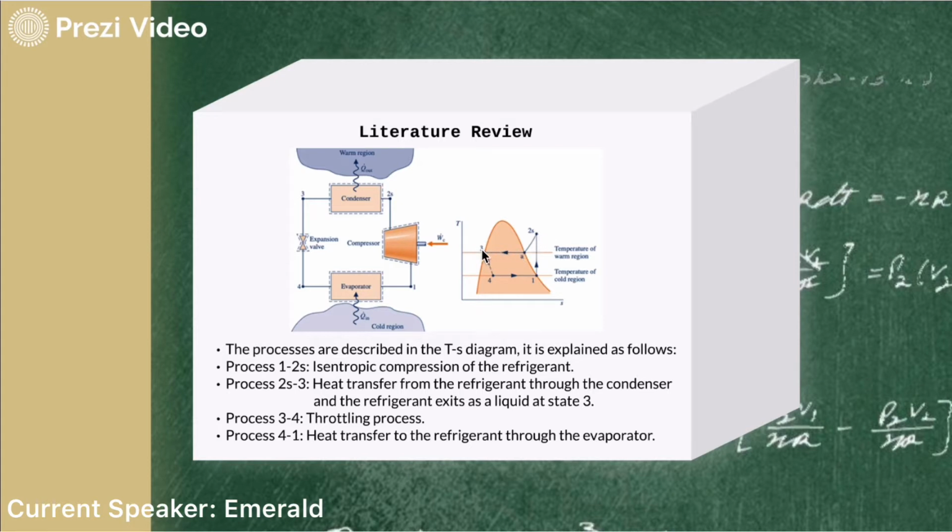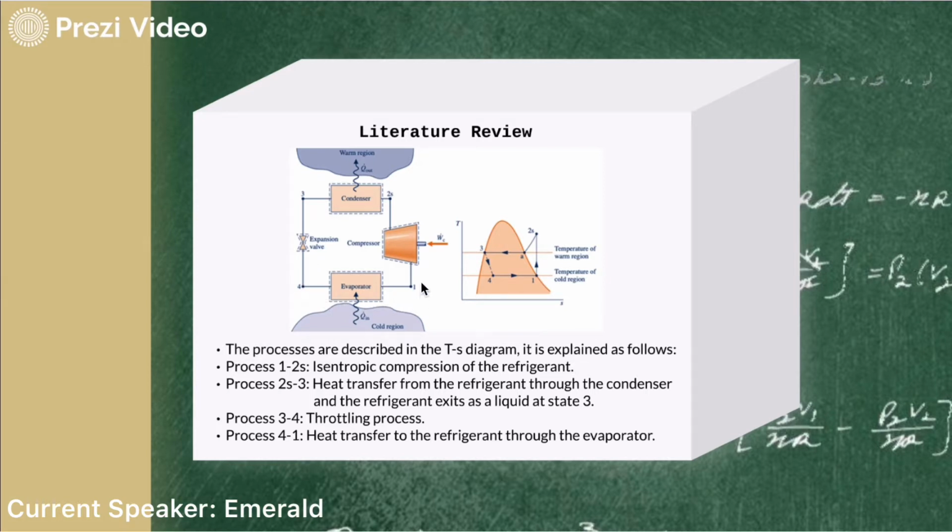And then after that, from state 2S to state 3, the process that took place is heat transfer from the refrigerant through the condenser, and the refrigerant exits at a liquid state at state 3. And then from state 3 to state 4, it goes through the expansion valve, where a throttling process takes place.